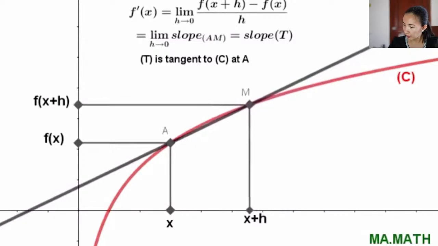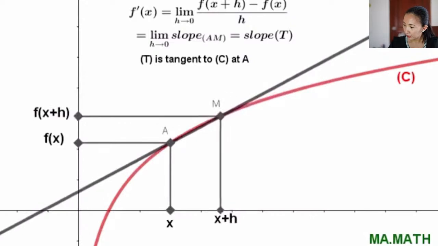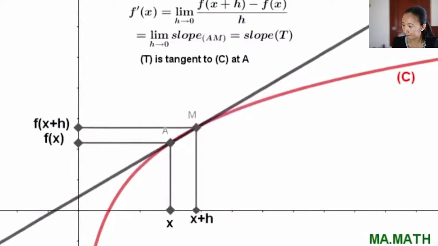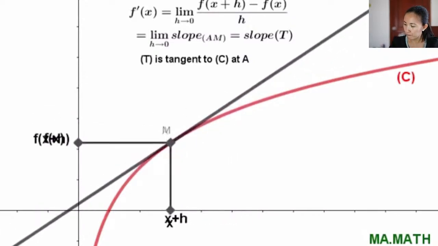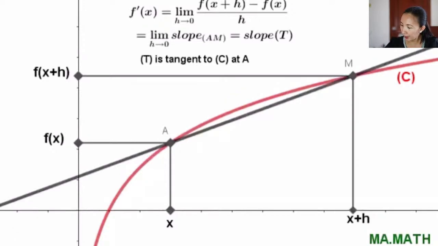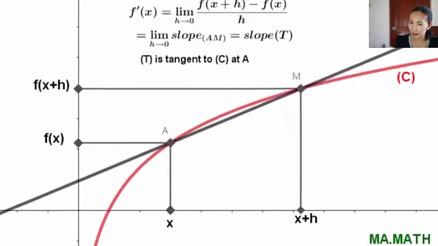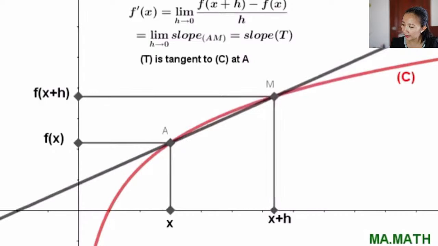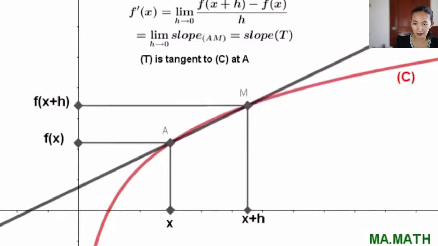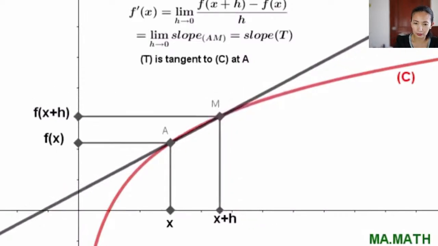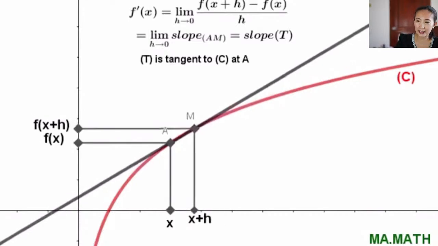Bakit ayaw niya mag-pause? Okay. A, M are points on C, and we want a tangent at point A. Look. Oh, that's the idea.